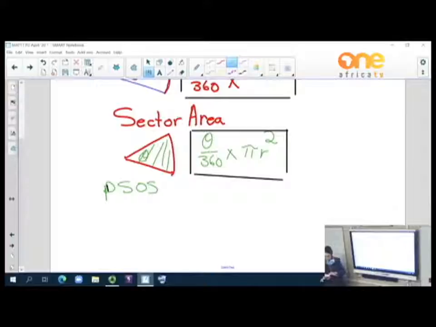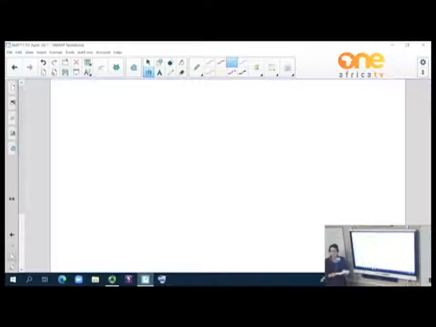You will see that they also have a minor and a major sector or a segment. And we're starting then on page 507 with try now 14. Okay, so I'm going to explain the first few and then we're going to start doing them.